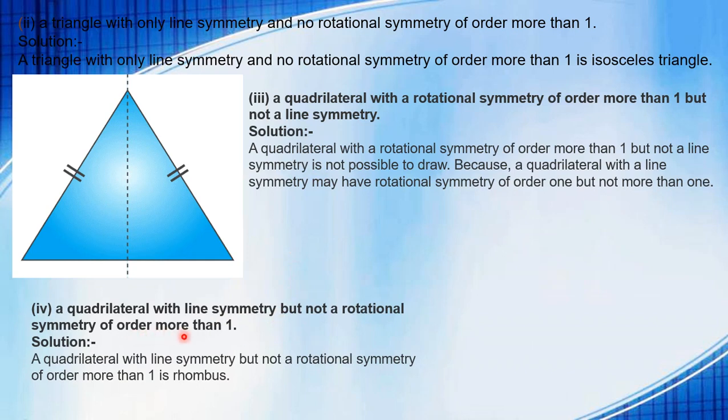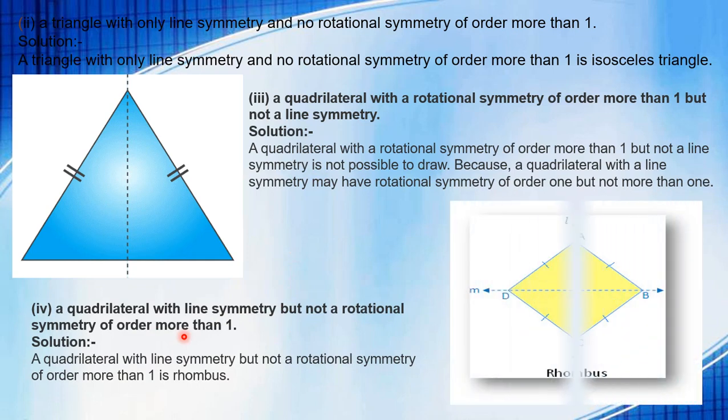Now we have to find the quadrilateral which has line symmetry but no rotational symmetry of order more than 1. Consider the quadrilateral, the rhombus. When we consider it, there are two lines of symmetry, L1 and L2, that is, the number of lines of symmetry is equal to 2.